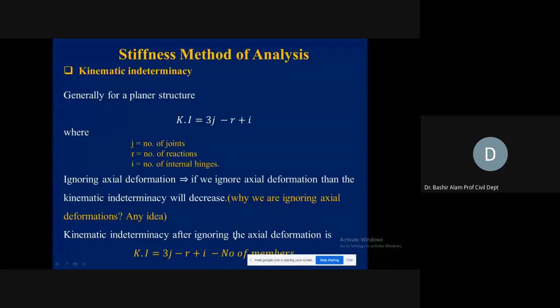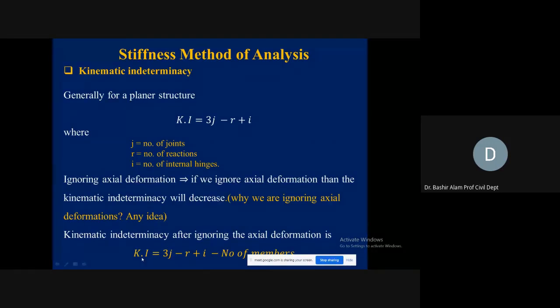Kinematic indeterminacy after ignoring the axial deformation is equal to 3j minus r plus I, which is coming from the top equation. But now you need to take out the axial effects, which is minus the number of members. By subtracting the number of members, you can ignore the axial effects and reduce the kinematic indeterminacy.